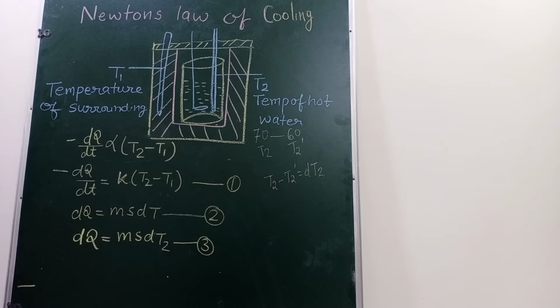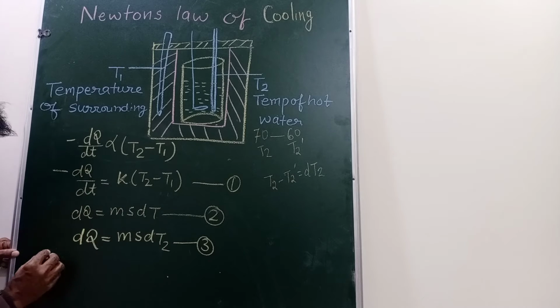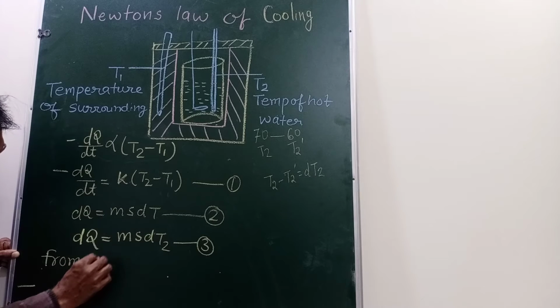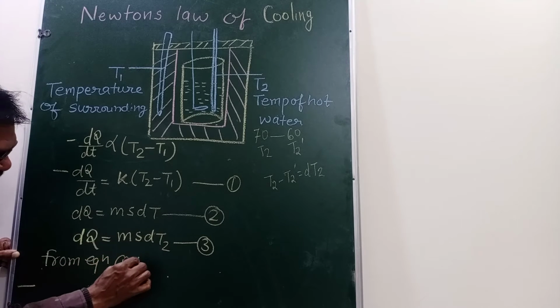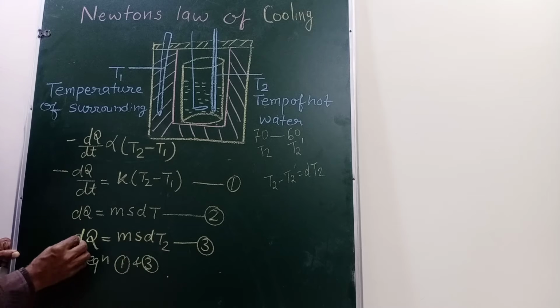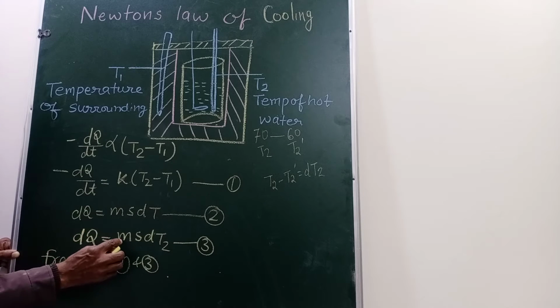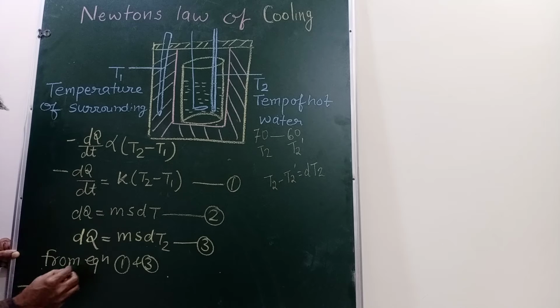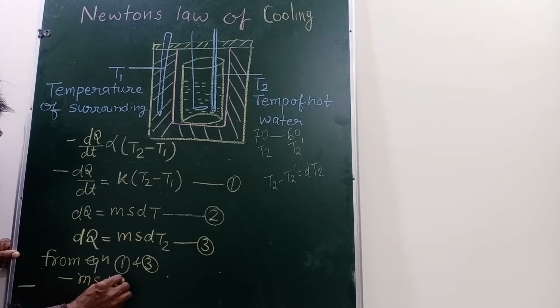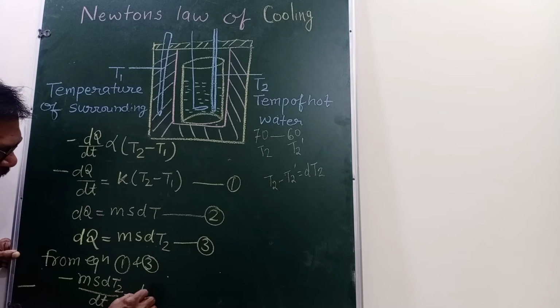By using equations 1 and 3, the value of dQ, m s dT2, goes here. So minus m s dT2 upon dt is equal to k (T2 minus T1).